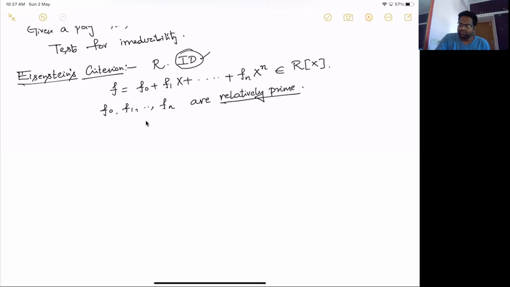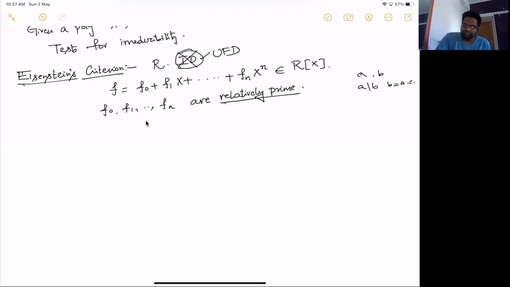If you have two elements A and B, A is said to divide B if B is equal to A times C. But unless you have unique factorization, let's take R to be a UFD. And we have F0, F1 up to Fn are relatively prime.